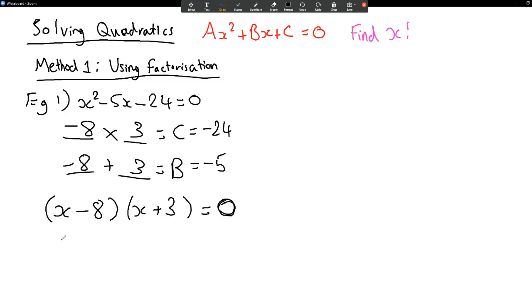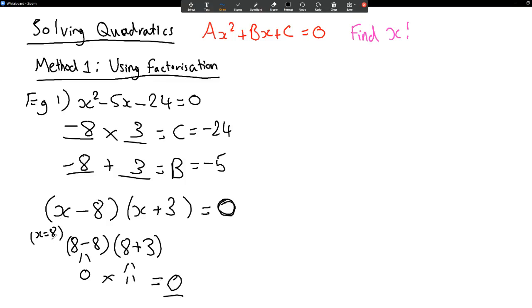Because, for example, if x equals 8, we get 8 minus 8 times 8 plus 3. But this first bracket is just 0, and it doesn't matter what the other is, because anything multiplied by 0 is 0.